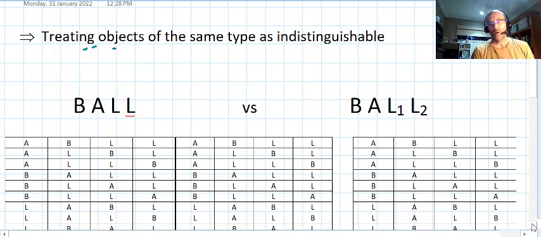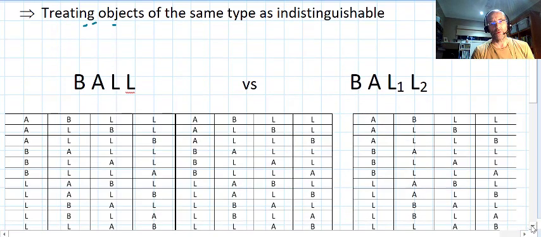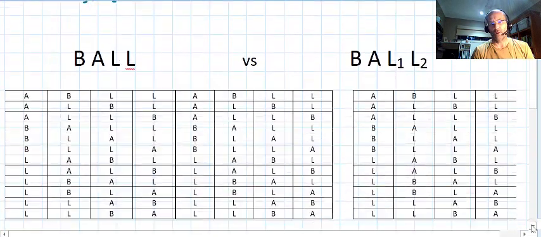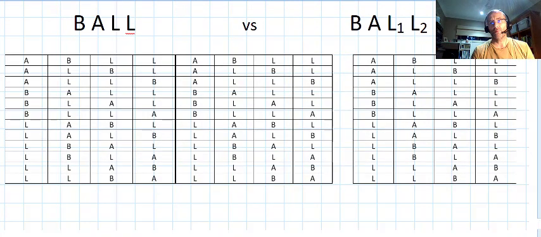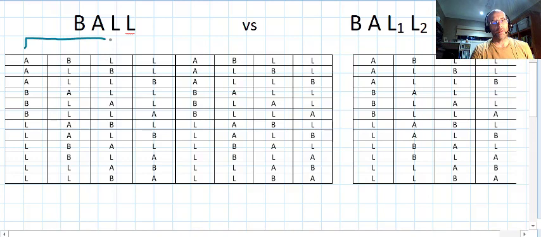And we'll look at a simple example first up. So you can see BALL and BALL. Okay, so what have we got here? Versus. Well, if we look along here, B-A-L-L, with no distinguishing features between the L's, is treated differently to a situation where we have L sub 1 and L sub 2.